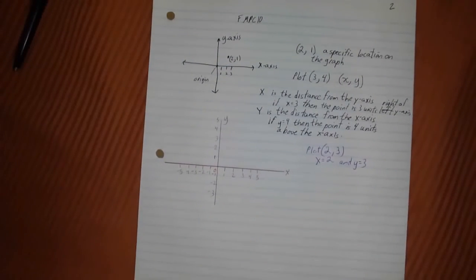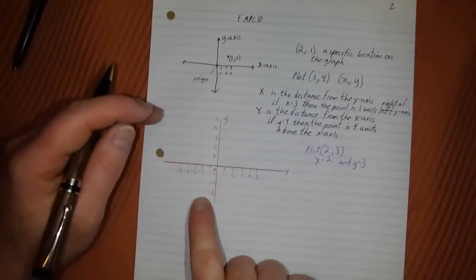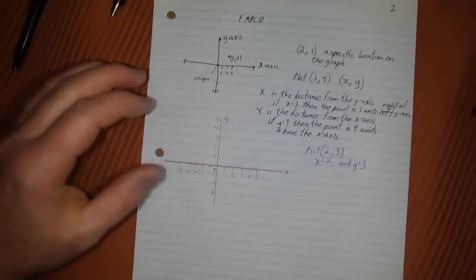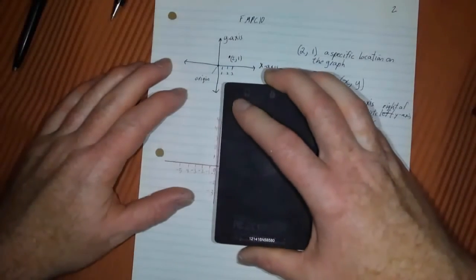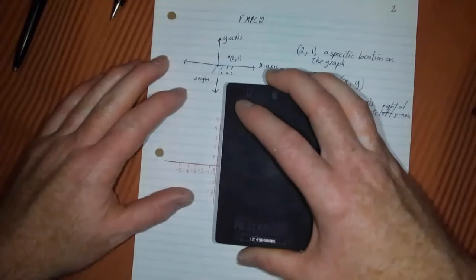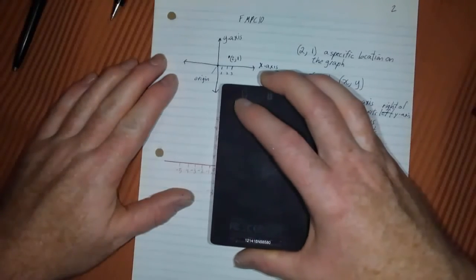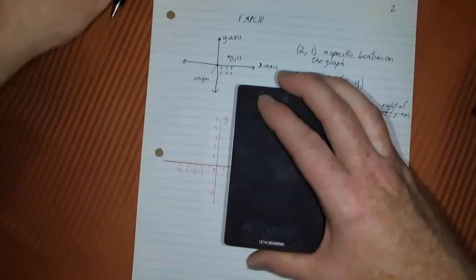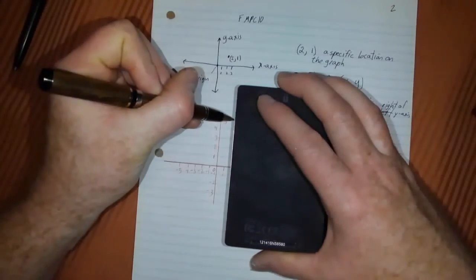So +2. It's going to be 2 units over from the y-axis. Well, this is the y-axis. This would be 1. This would be 2.